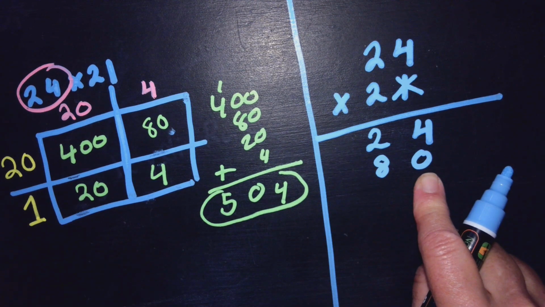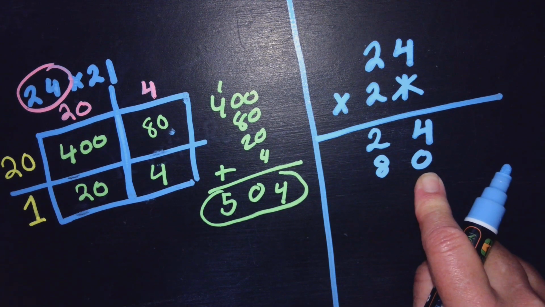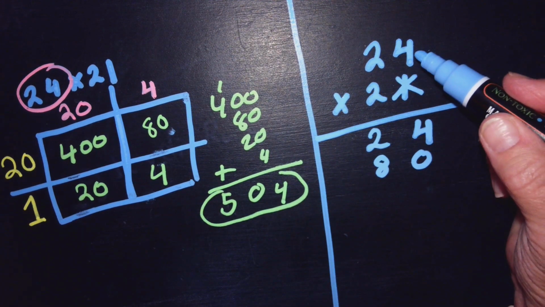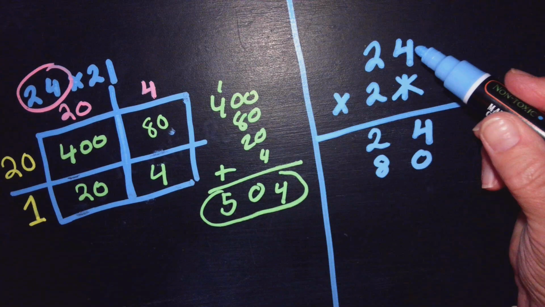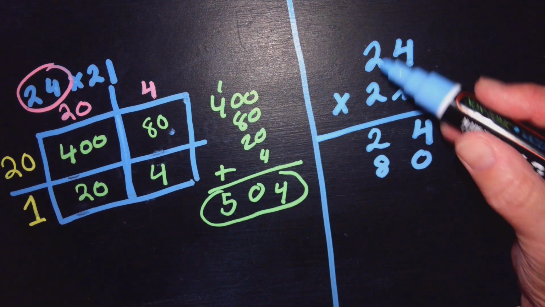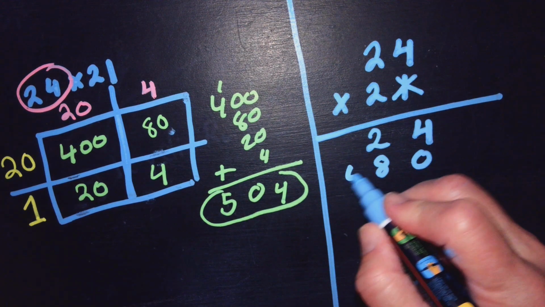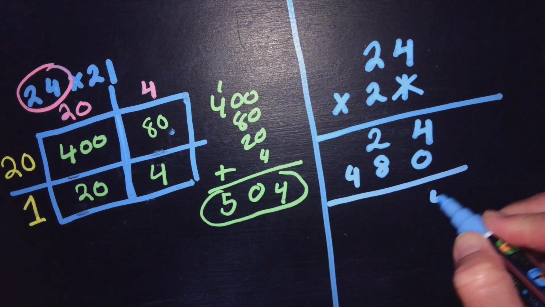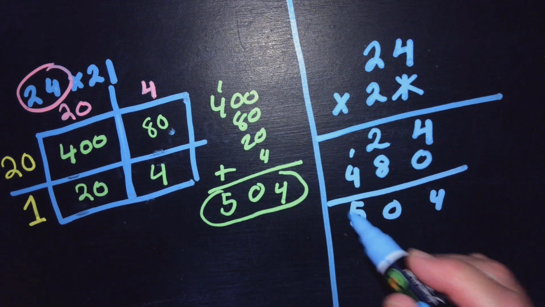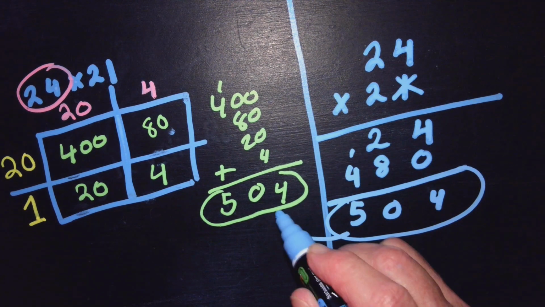A lot of times teachers tell you to put the 0 there and you have no reason why you put the 0 there, but that's why, because it's 2 tens times 4 ones. 2 tens times 4 ones is 80. And then finally, 2 tens times 2 tens is 400. When you add, you should get the exact same answer as you did there.